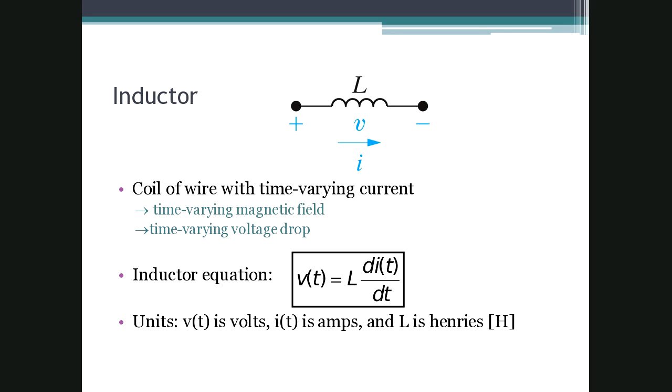Whenever you see the v with a t in parentheses like that, it means that the voltage is dependent on the unit of time. We say v of t is how we actually would pronounce that. Therefore, we say it is time varying. The symbol for the inductance in this equation is L, and it is measured in a unit called henries.